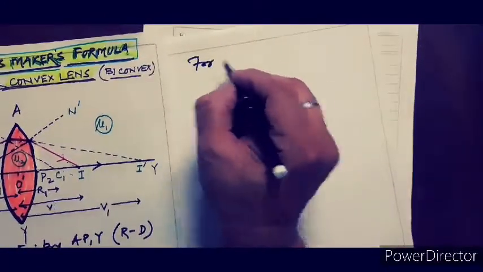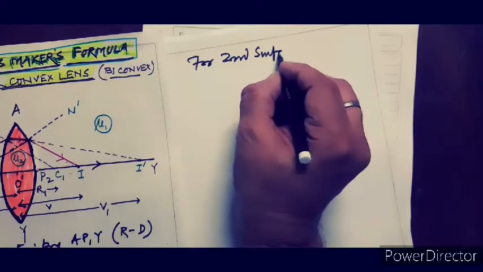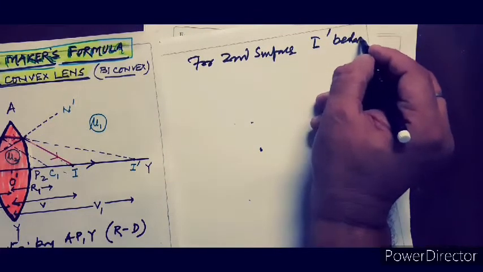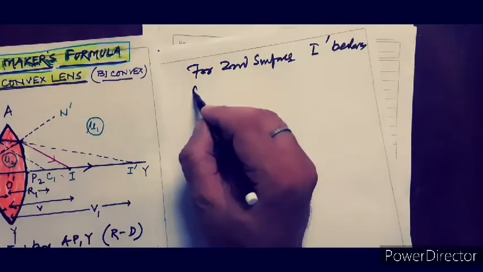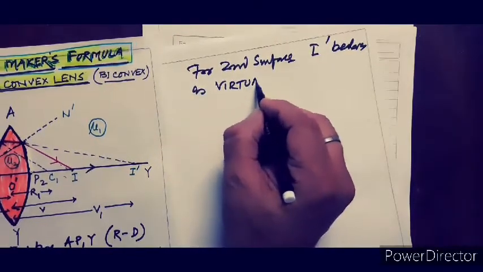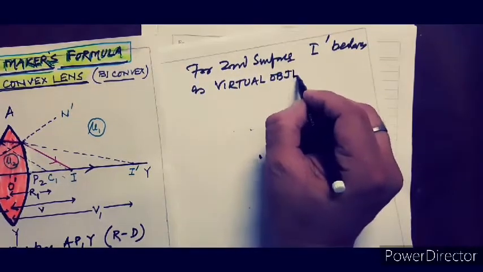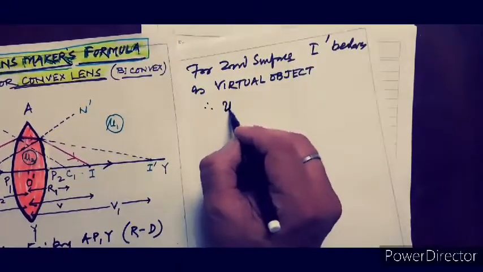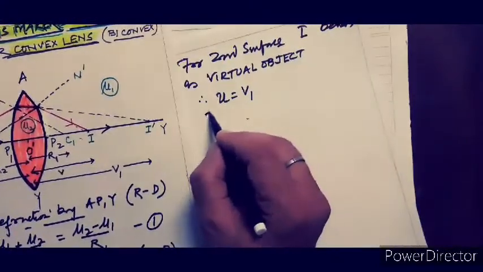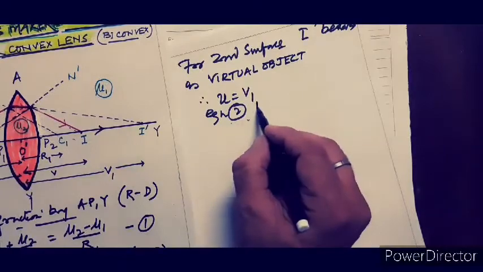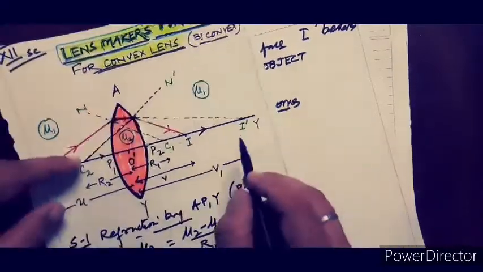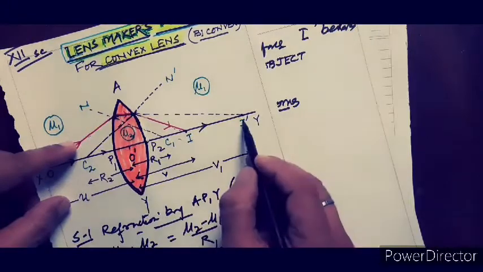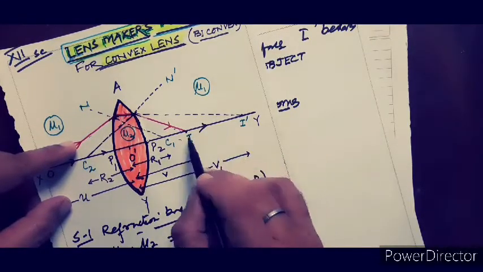For second surface, I dash behaves as virtual object. Virtual object. That means here u becomes v1. So equation 2 becomes: here the image formed behaves like a virtual object. For the second surface, I dash behaves as a virtual object and the final image is here.